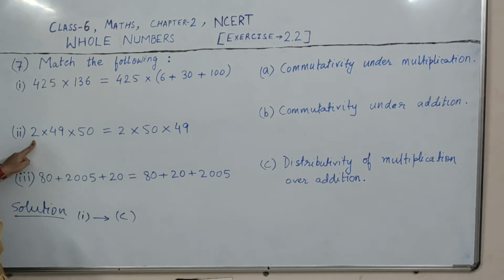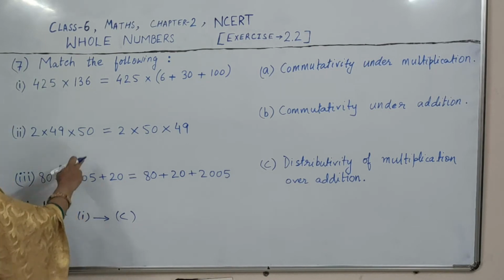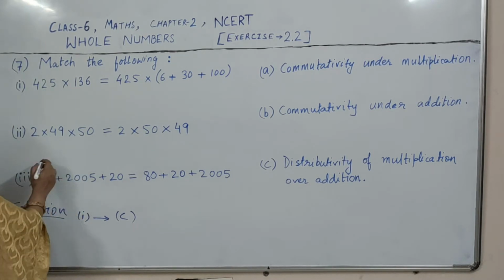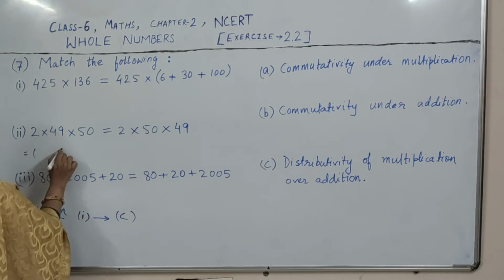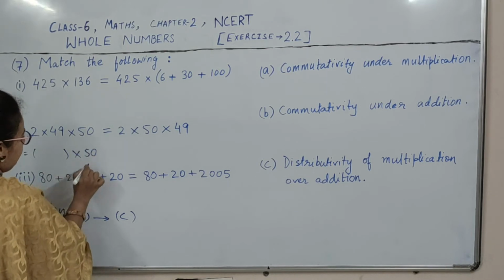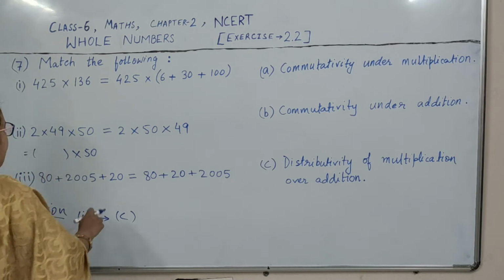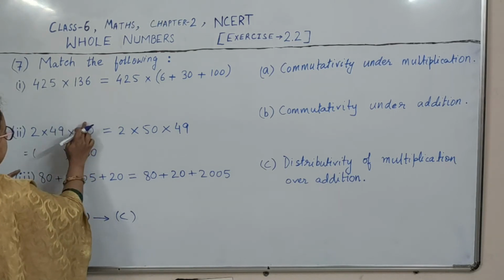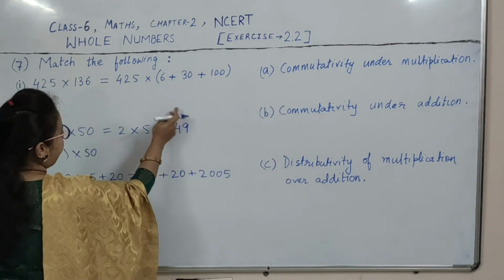Now in this question, 2 multiplied by 49 multiplied by 50. If we multiply 2 into 49, we have to write the result here. 2 multiplied by 49, what is the result? We will write it here, and then we have to multiply it by 50. So we will not do that. What we have done is we have interchanged this. 49 has gone there and 50 has come here.